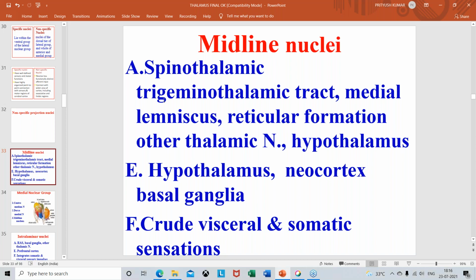The afferents come from the spinothalamic, trigeminothalamic tract, medial lemniscus, reticular formation, and other thalamic nuclei, hypothalamus. The efferents go to the hypothalamus, neocortex, and basal ganglia.